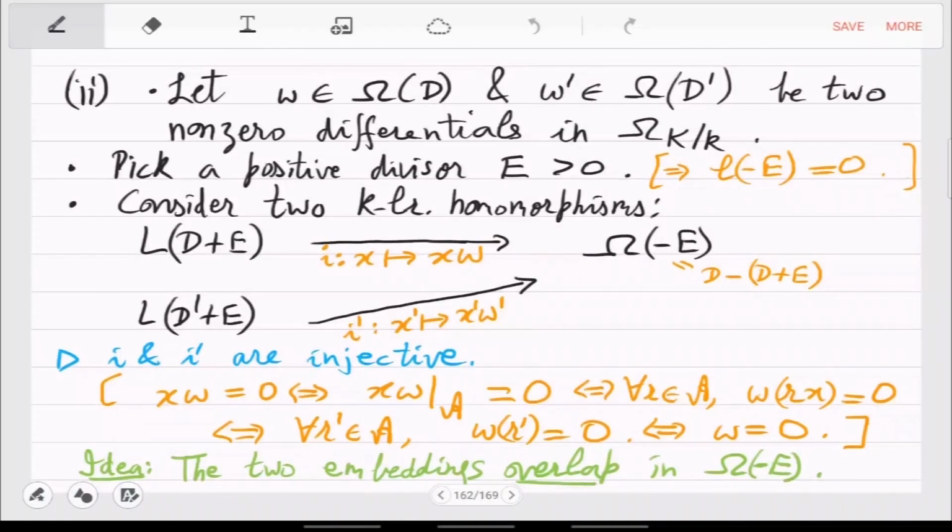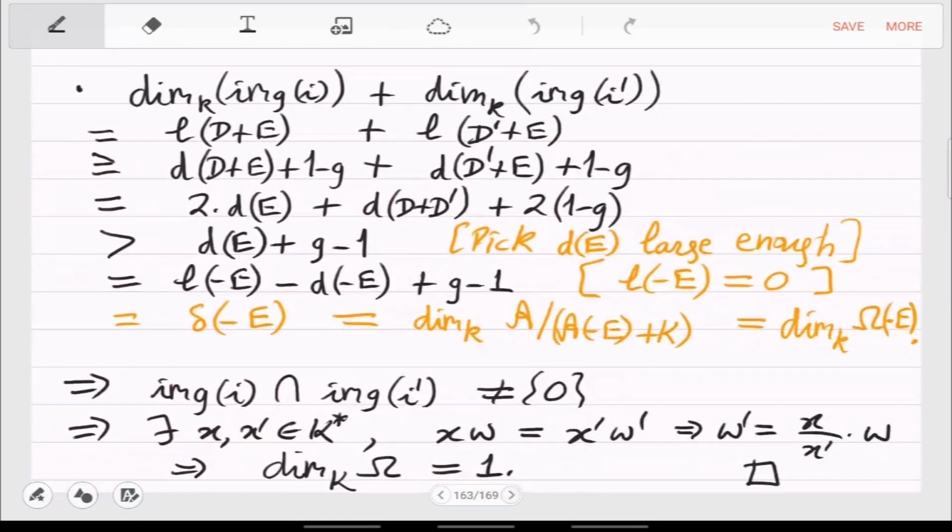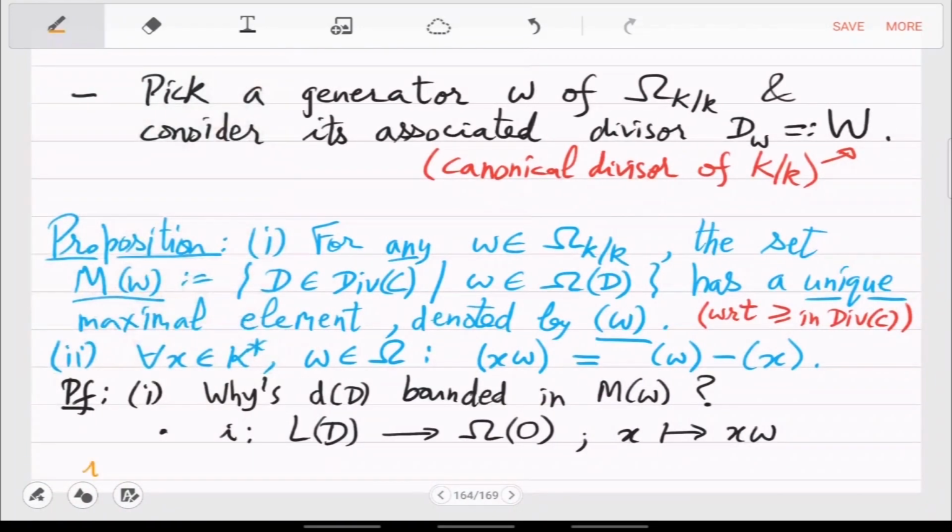This diagram was there last time, in more generality actually. These arrows were there, right? So what I am doing now is taking e to be 0. So L(D) maps to omega e, it's an injection. These are both small k vector spaces, and this is an injection that we had used last time also.